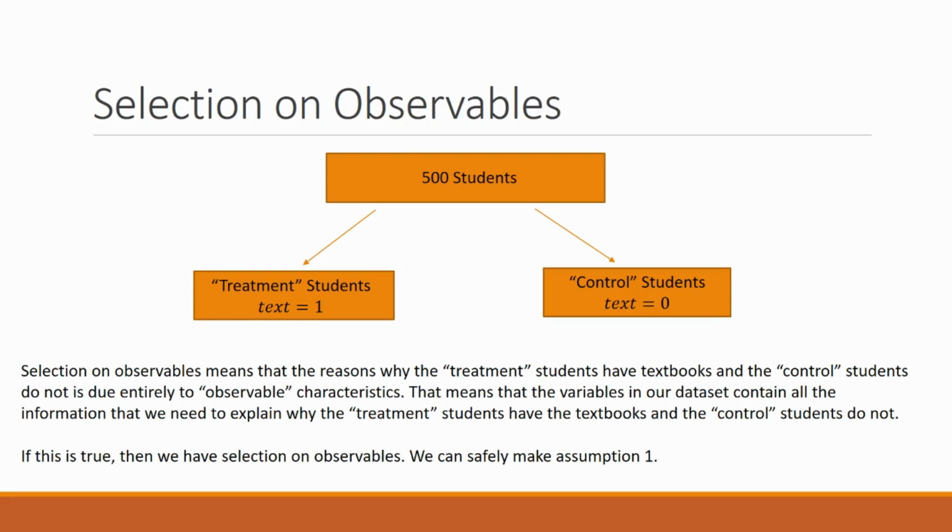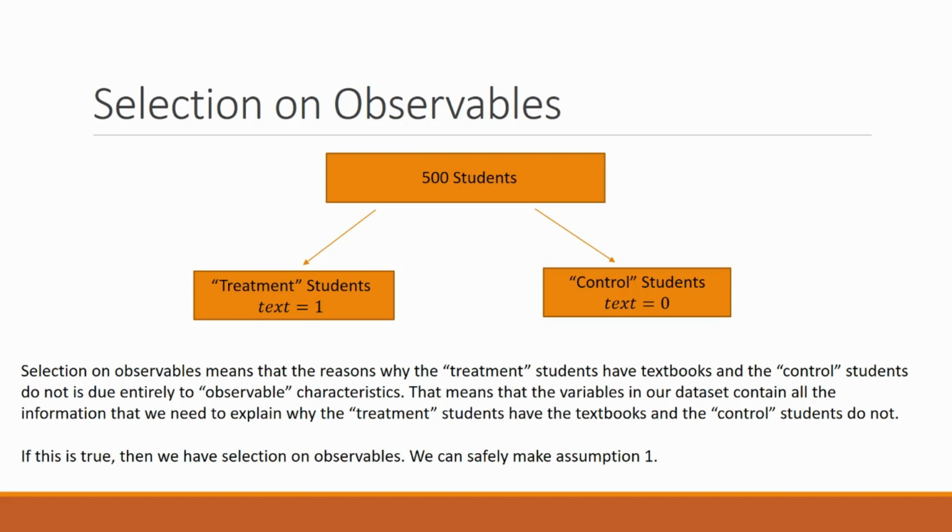Students that have a higher level of commitment are more likely to own a textbook than students that have a low level of commitment. If that's true, we probably do not have a variable in our data set that measures the student's level of motivation, which means the student's level of motivation is unobserved. It's an unobservable.